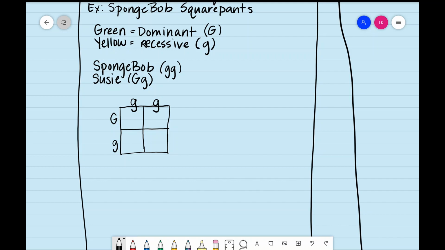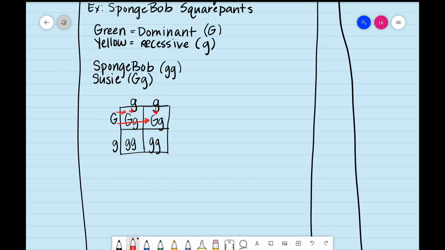So then we are going to use this box to predict where things are going to go. It's kind of like a multiplication table. You're going to pull from each side. So in this box, to see what this child might look like, they're going to receive capital G, lowercase g, one from each parent. Then this one, capital G, lowercase g, and this one lowercase g, lowercase g. If you're not following, that was one from each direction.